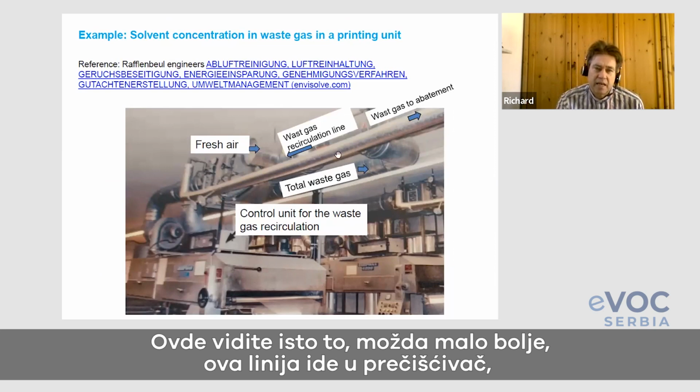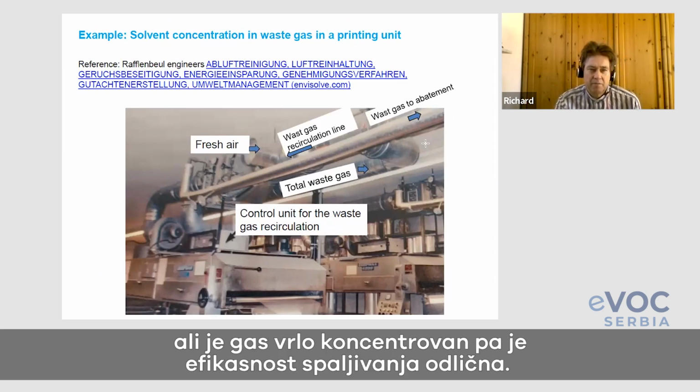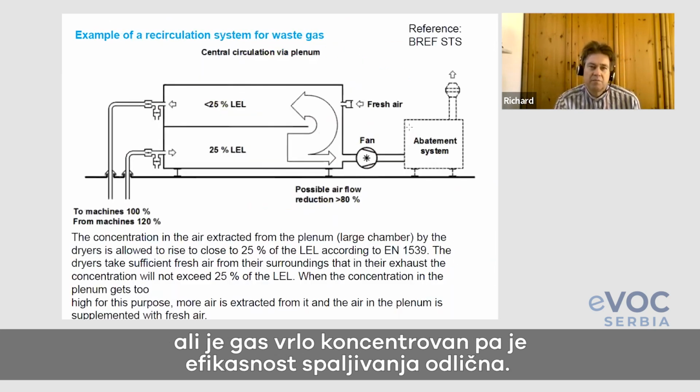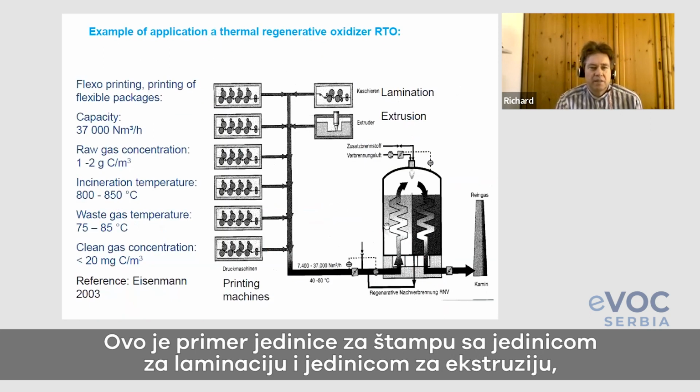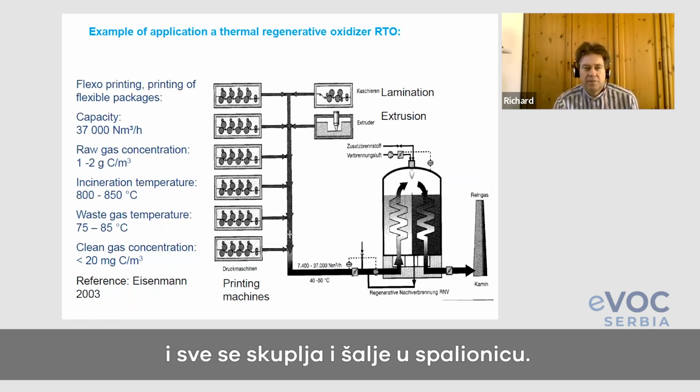So you see that line is then fed to the abatement, but then very highly concentrated. So the combustion efficiency is very good. Here is an example of a printing unit with lamination and extrusion unit, and all are collected and fed to an RTO.